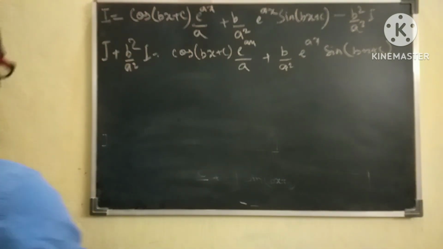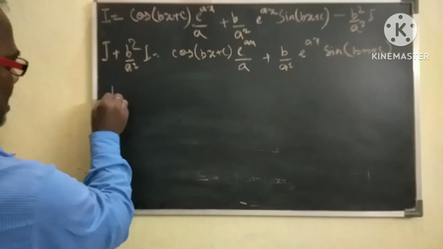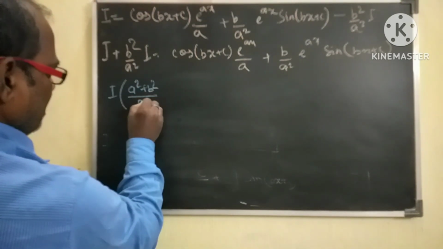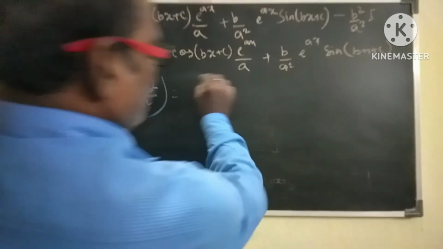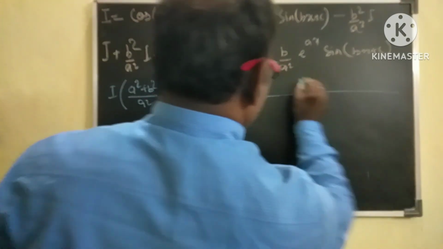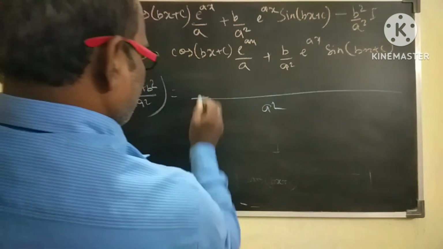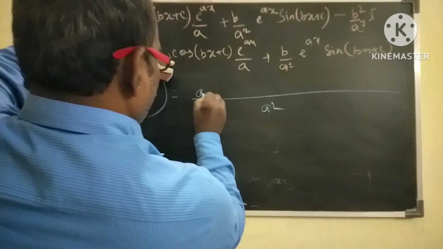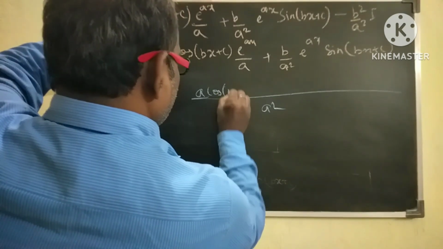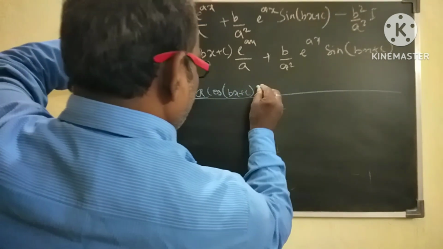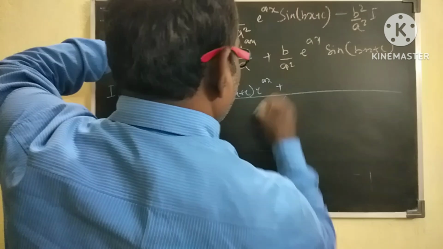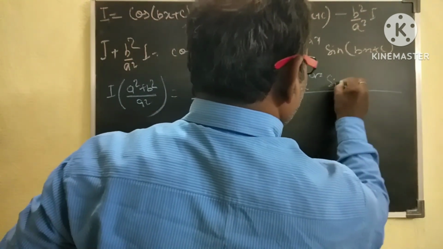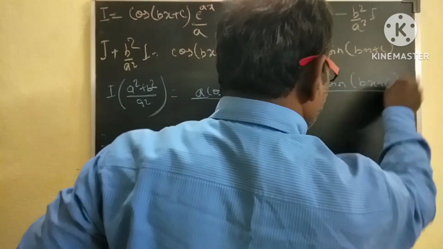Here simplifying, we get I common, (a² + b²)/a² equals, if we take a² common, a cos(bx + c) e^(ax) plus b e^(ax) sin(bx + c).